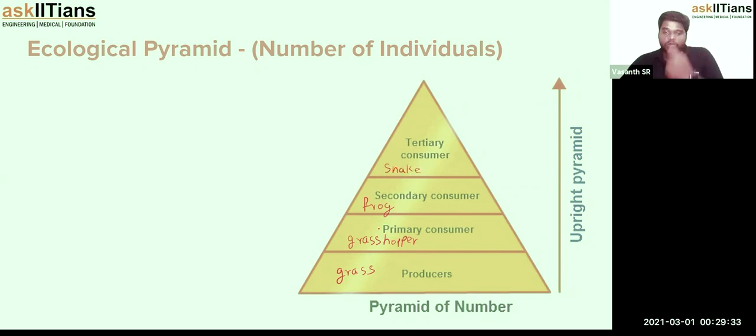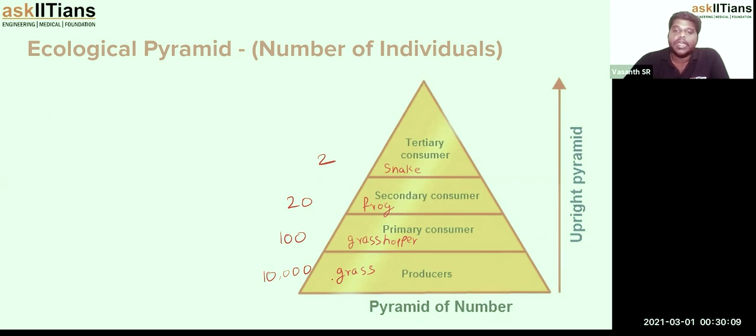The grasshoppers would be in hundreds, then the grass would be in 10,000s, and to feed upon these 100 grasshoppers, there will be somewhere around 20 frogs. The upper group will have somewhere around 2 snakes. We'll assume 2 snakes.